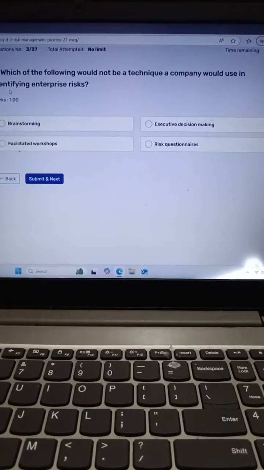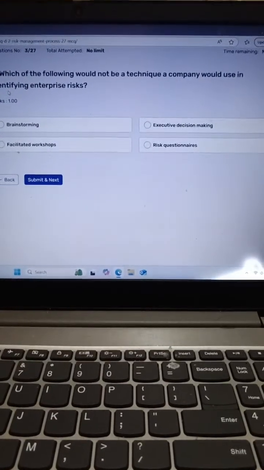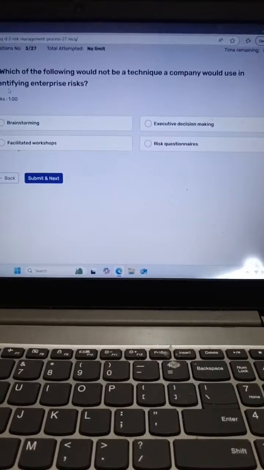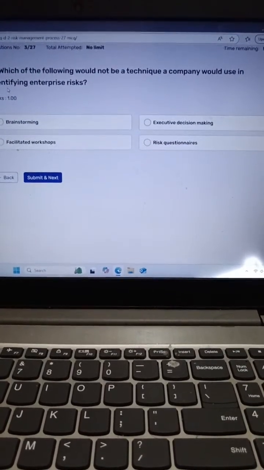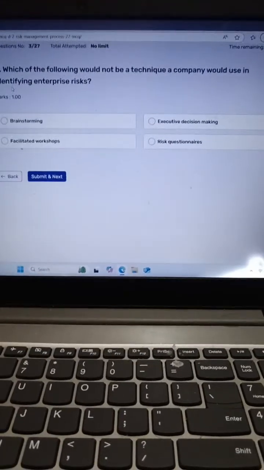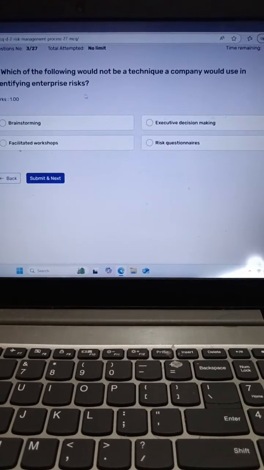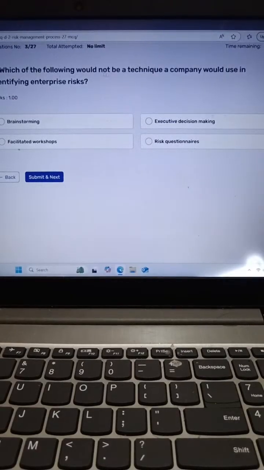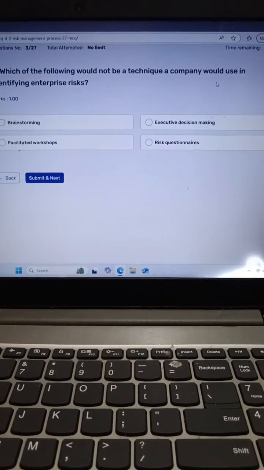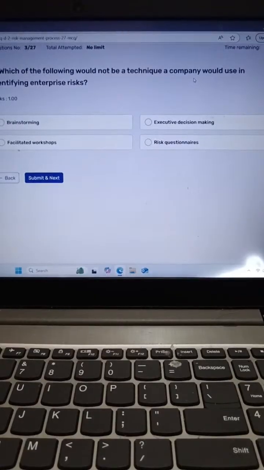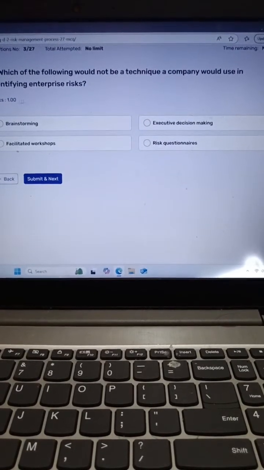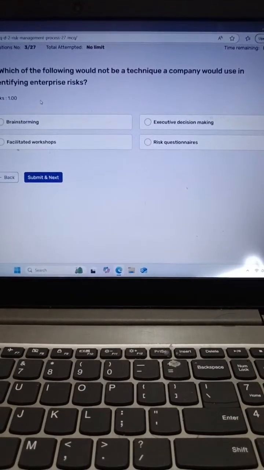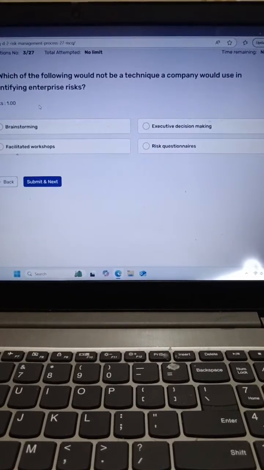Third will be to evaluate how this risk will impact the entity. Fourth will be to monitor. These are the steps, and we need to find which of the following is not a technique a company would use in identifying the enterprise risk. This is the first step, to identify the risks. This is a process, right?